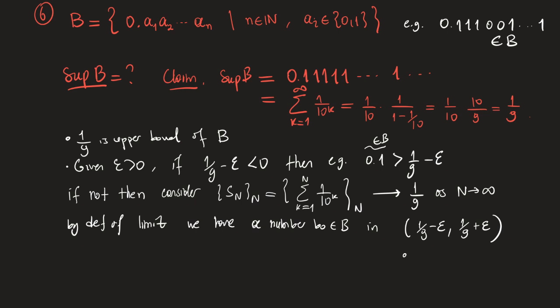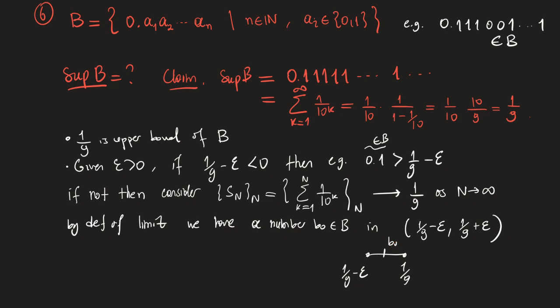Let me just draw. This is 1 over 9. This is 1 over 9 minus epsilon. So we have a number here, since the sequence is increasing and we have a limit, which is 1 over 9. That's why this provides me the existence of this number B0.